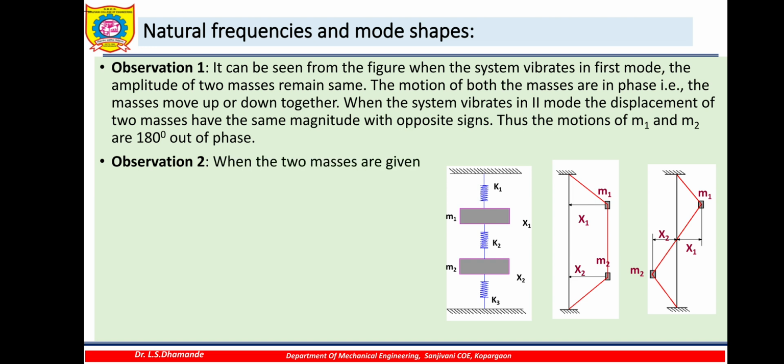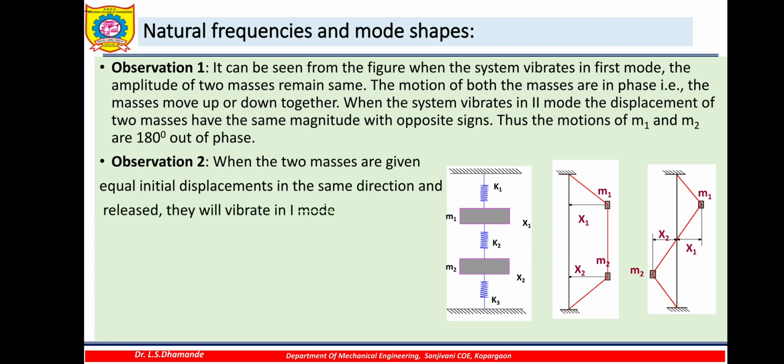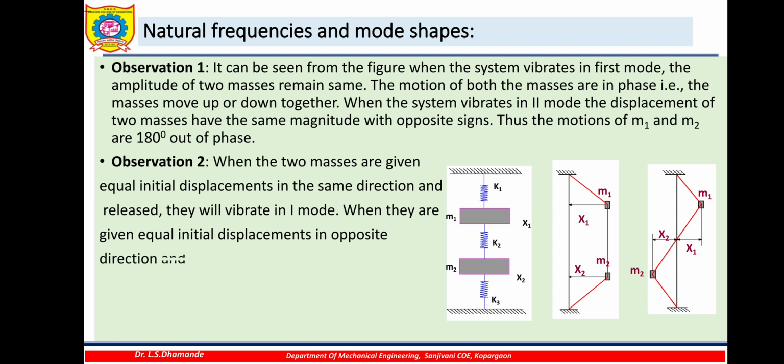The second observation is that when the two masses are given equal initial displacements in the same direction and released, they will vibrate in the first mode, and when they are given equal initial displacements in opposite directions and released, they will vibrate in the second mode. This is what is specified in this particular diagram.